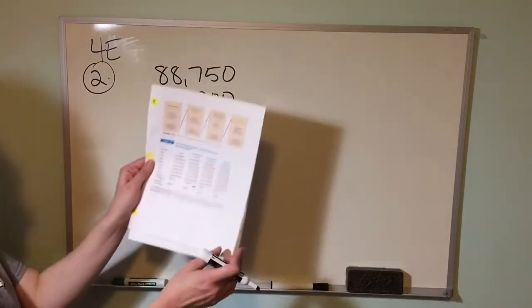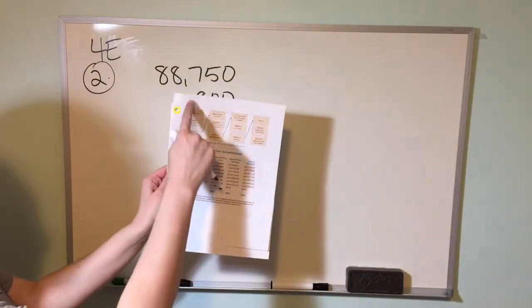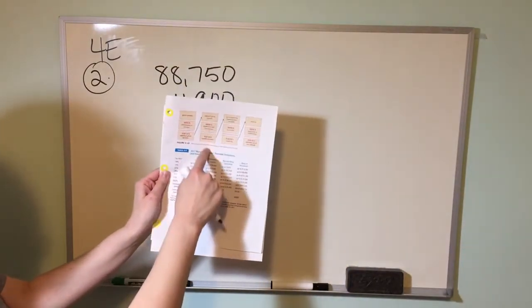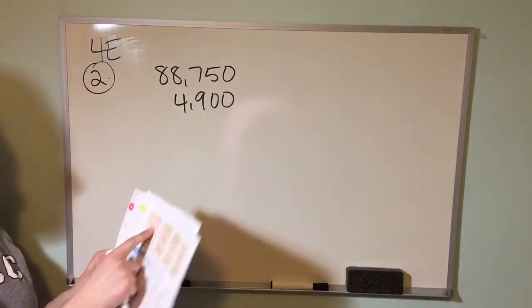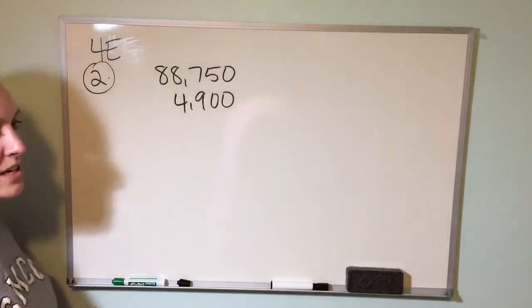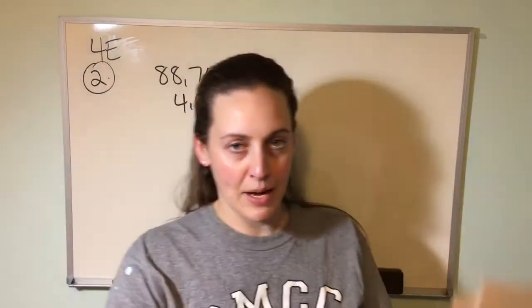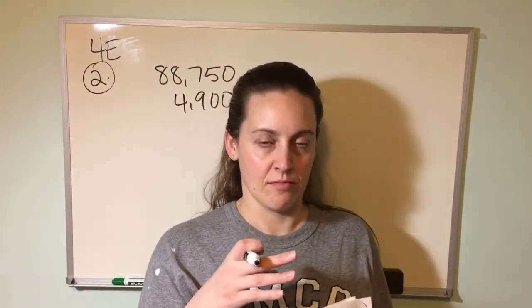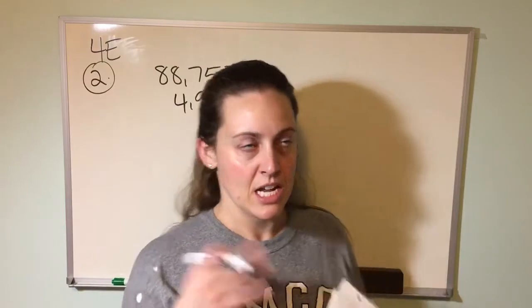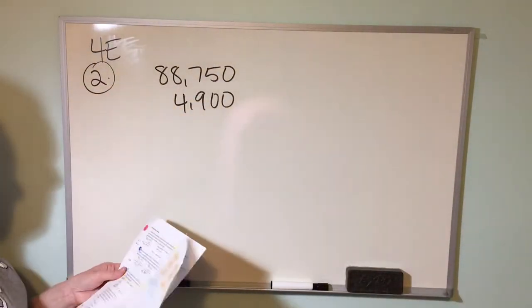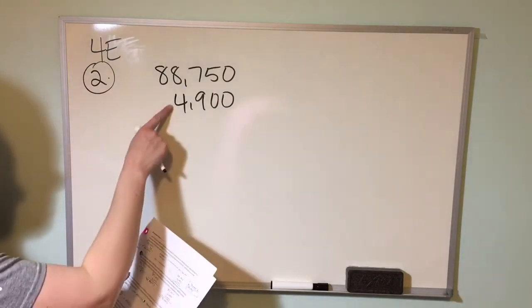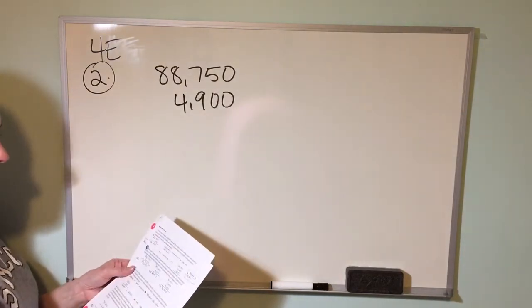So again, we're going back to this flow chart here where you start at the top, go down, go back up, go down, same thing all the way through. So for gross income, the first one, remember, is just any money she has coming in. Income, money coming in. So what did she make? Well, she made $88,750 plus she received $4,900 in interest.